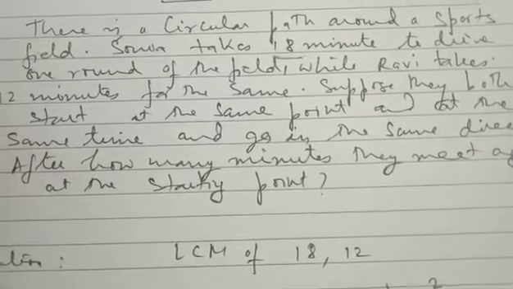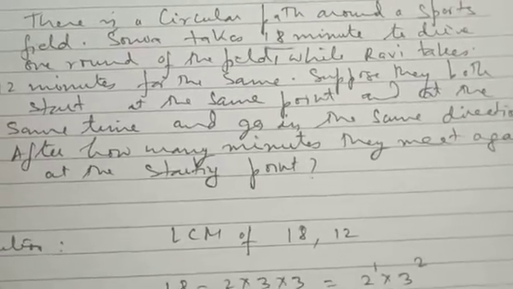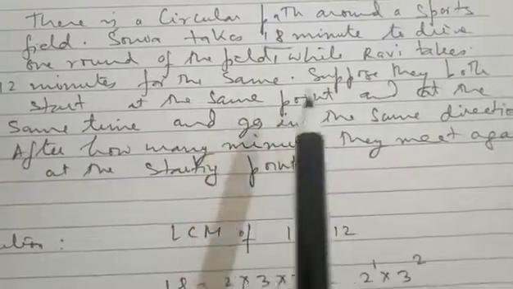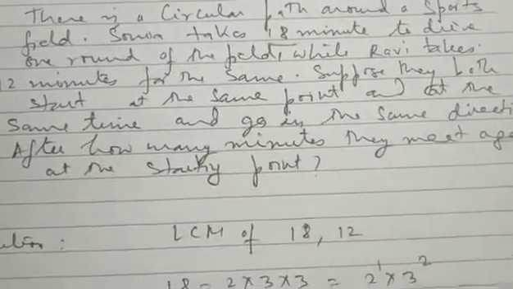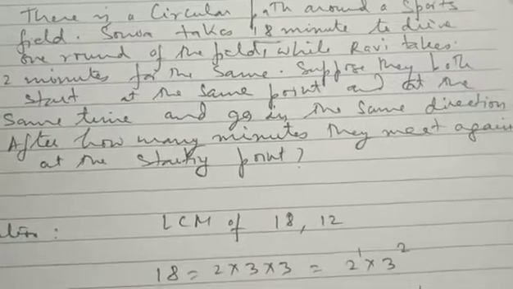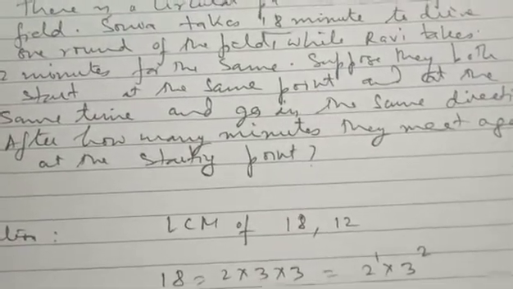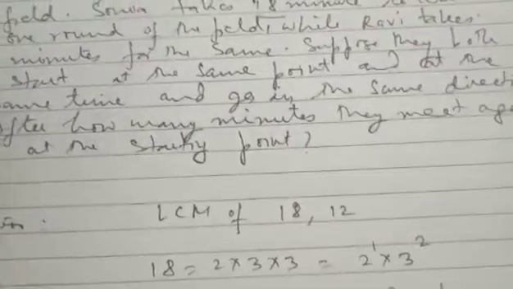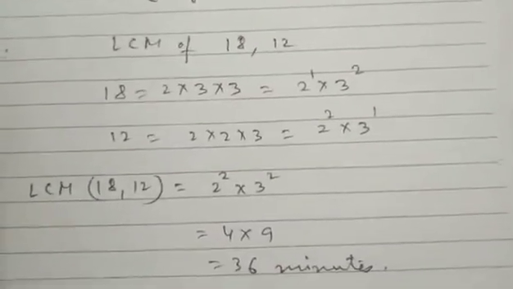Since this question says that they are starting at the same point, same time and same direction, and they have to meet again, I have to find out a number which is coming in the table of the two numbers. And so the solution of this question will be the LCM of 18 and 12.